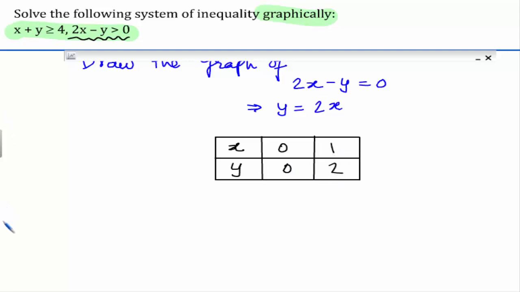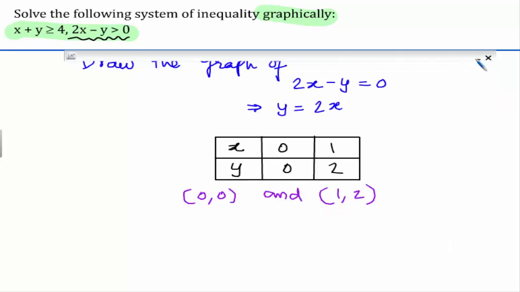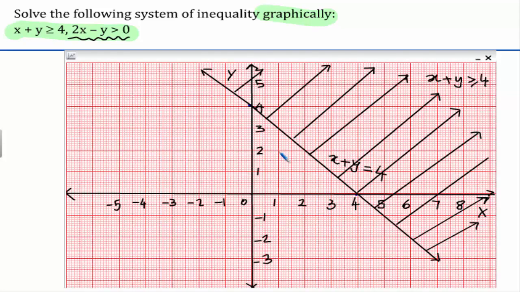So the ordered pairs we get are 0, 0. That means this line passes through the origin, and 1, 2. Let us select now. Here is the origin, and the second point is 1, 2. 1, 2 will be here. We need to join these 2 points to draw the line.